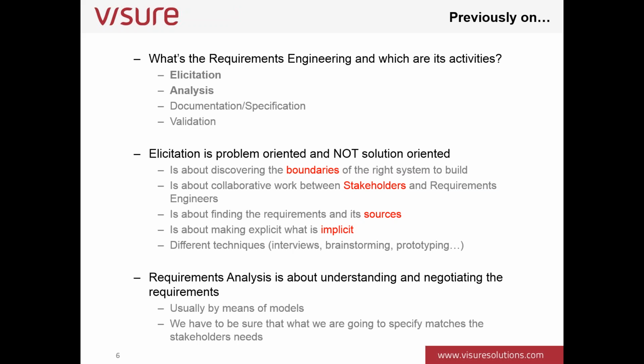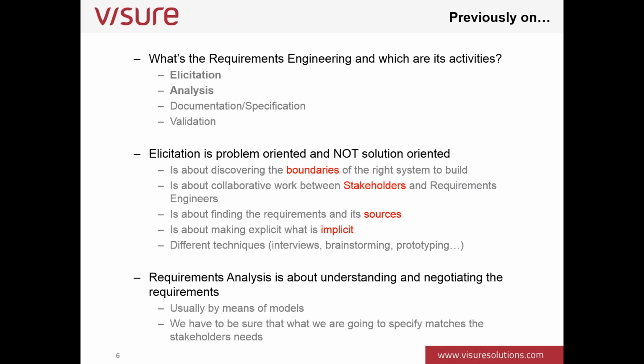It's like a waterfall approach, and that's not what we do when working with requirements. We gather requirements and analyze requirements, but after analyzing we can discover that we are missing some things, so we go back to the elicitation and forward again to the analysis. We will be moving forward and backward among these activities, and that's why I'm using the word activities here.